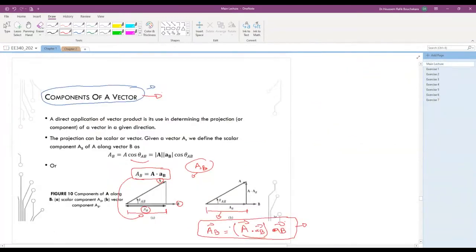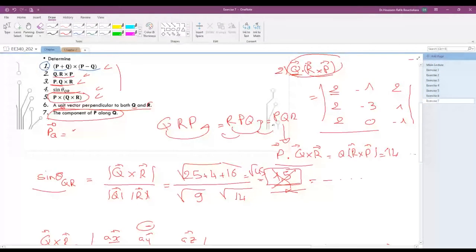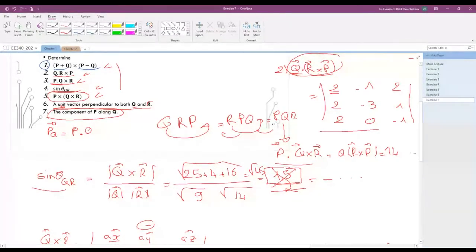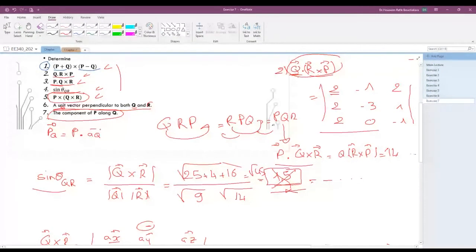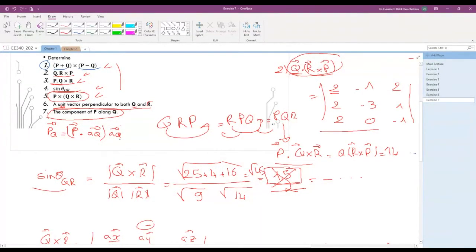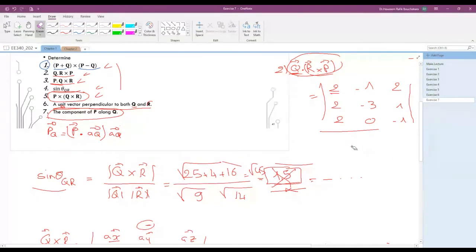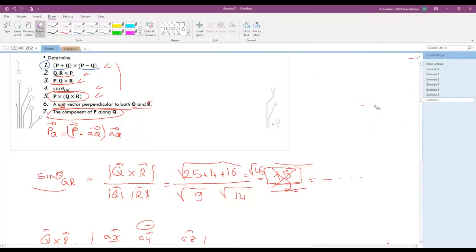We have just seen that P_Q is P dot a_Q. It is equal to P dot Q over the magnitude of Q, dot a_Q, times a_Q, right? Okay, pay attention, guys.